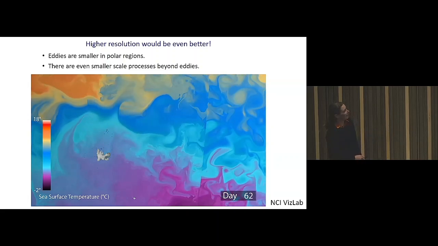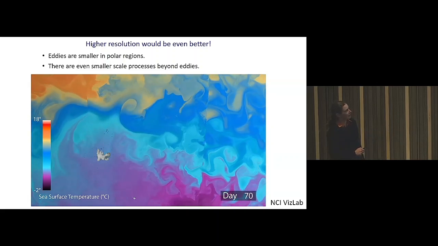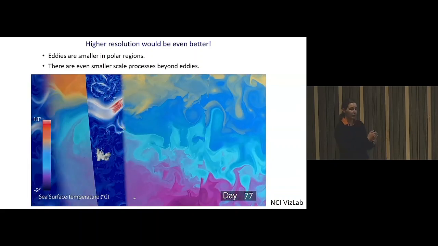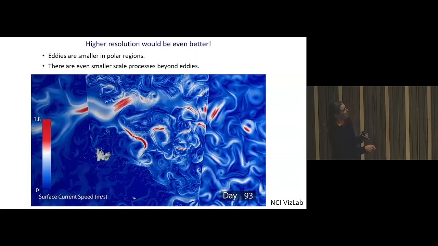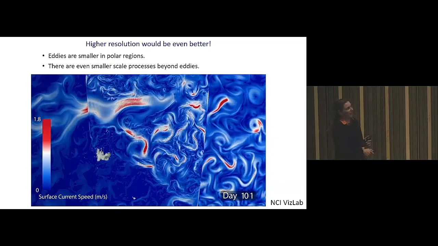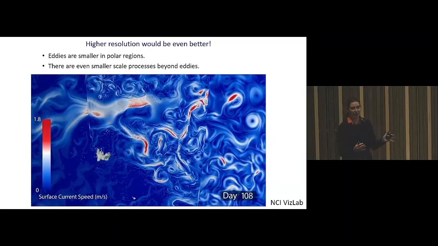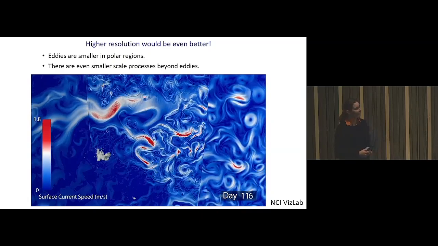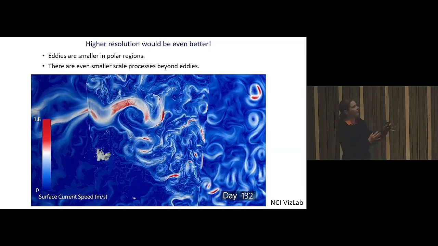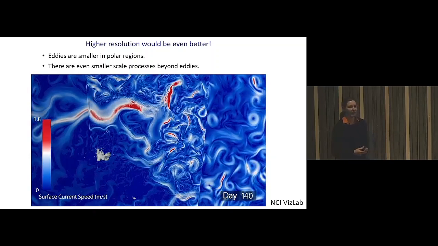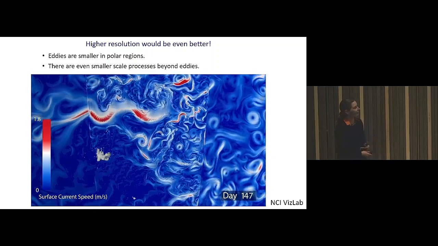And in the center here, you're seeing a 1/80th degree simulation. And so you can see that even as you move beyond this eddying length scale, there are smaller and smaller processes being resolved as you go to higher and higher resolutions. So as we get more computing power, we can include more and more in our ocean models every step along the way.